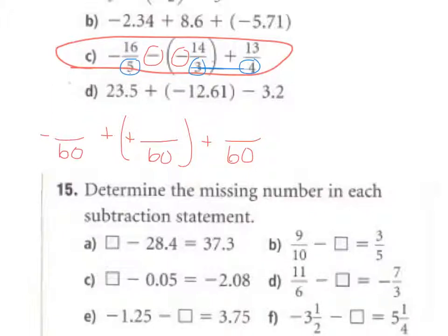5 times 12 gives me 192. I multiply 3 by 20 to get 280. And I multiply 4 by 15 to get 195.